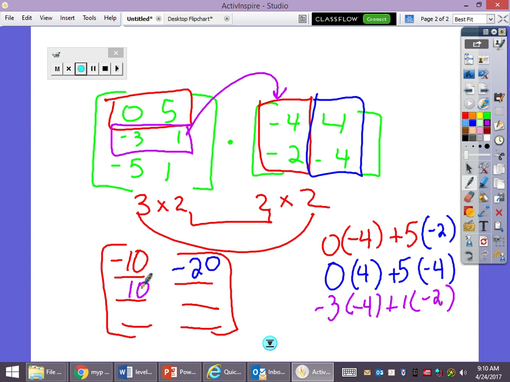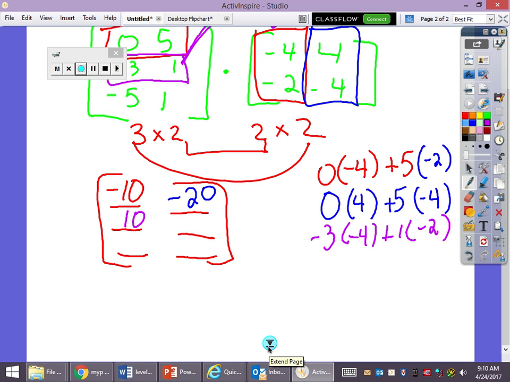RC Cola, row times column. Now I'm going to take this one and share it with this one. So this is going to be negative 3 times 4 plus 1 times negative 4. Negative 12 plus negative 4 is negative 16. Okay, try to get the final two answers on your own.